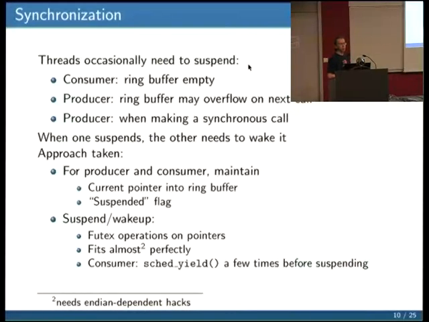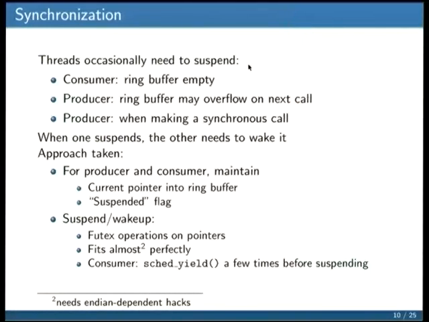So the mechanism here is to use just the minimal means to achieve that. For the 2 threads, have them maintain their pointers into the ring buffer, so the place the producer is going to write and the place the consumer is going to read. Have a Boolean flag for each of those, which is whether the thread is suspended or not.